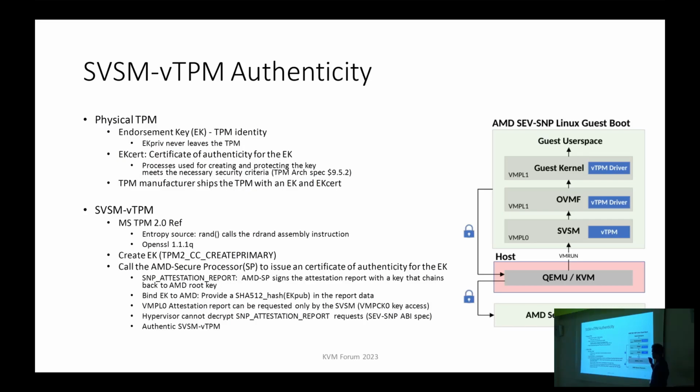The real question is, who would give us a certificate of authenticity for the EK that the SVSM just created? We know we don't have the TPM chip, a hardware, to certify that for us. We don't have a TPM manufacturer. But we do have the platform, the AMD platform. And we can call the AMD secure processor to issue a certificate of authenticity for the EK using the SNP attestation report.